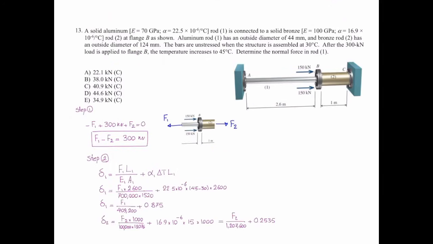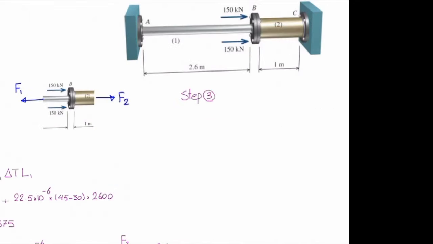Once I determine that, I'm using the equilibrium equation and the compatibility equation in step number 3. And what is the compatibility of deformation here? Delta 1 plus delta 2 is 0.